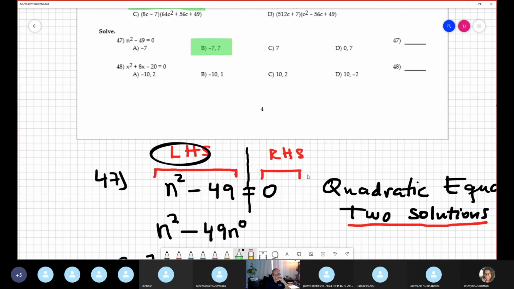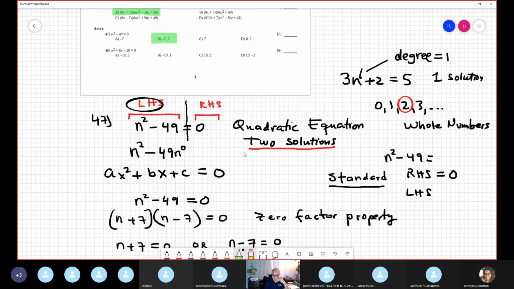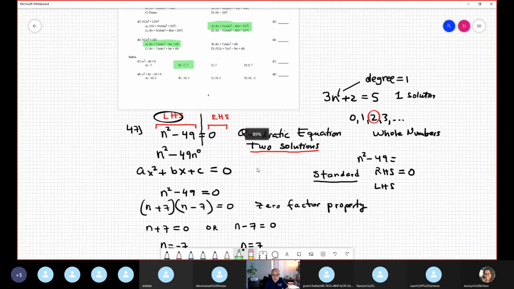Okay, 48 now. Well, it's not exactly the same, but the same strategy.